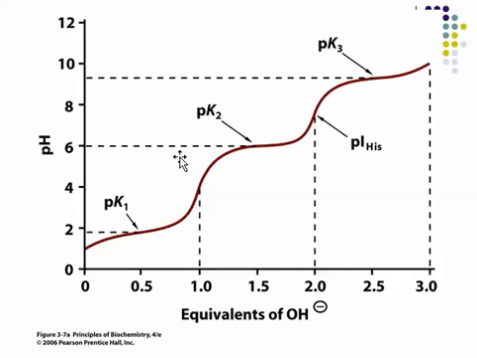This is the titration curve of histidine. It's got one of those R groups that has a pKa associated with it as well. So here's the first pKa, here's the second pKa, flat areas, right? The connector between the two, the vertical line, this is an equivalence point.